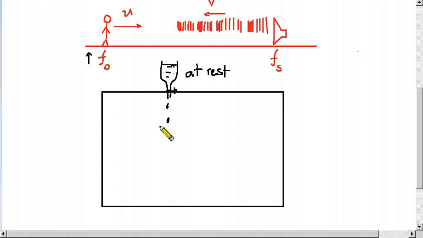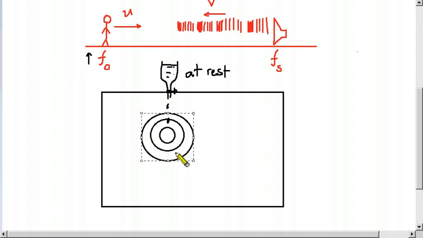Then we can see the wave fronts like this, circular wave fronts, with equal distances. This distance is lambda; the distance between these wave fronts is lambda.